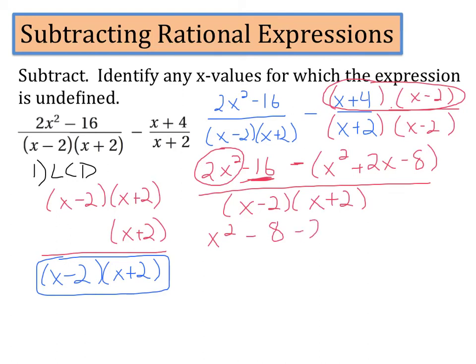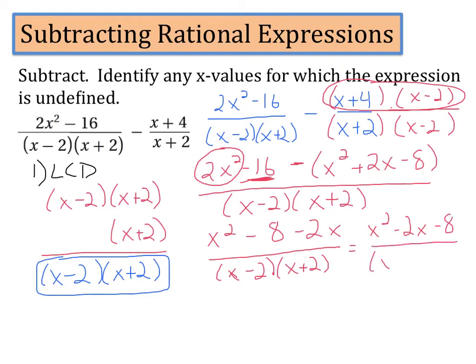And then I have my negative 2x here, all over x minus 2, x plus 2. So I can rearrange that and have x squared minus 2x minus 8 over x minus 2, x plus 2.